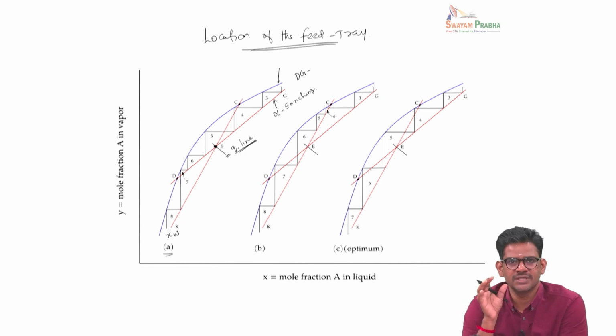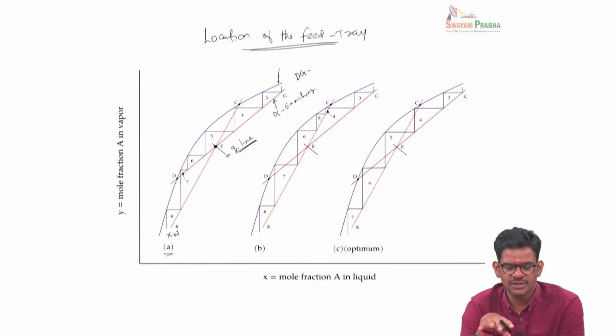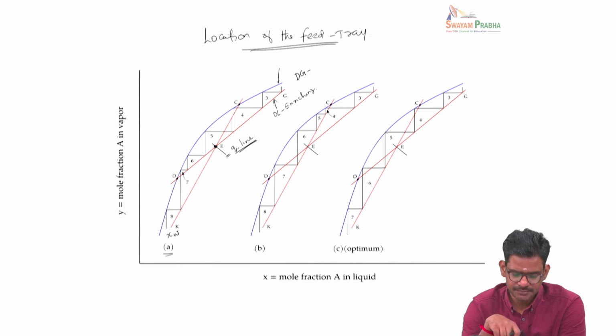So once we fix the residue and distillate composition, the reflux ratio and the feed, we know where these intersecting points are.